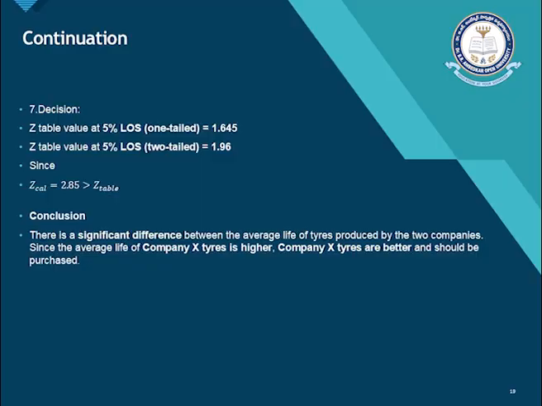So the decision is, the table value at 5% level of significance is 1.96 for a two-tail test. If you take it as a one-tail test, the table value is 1.645. Whatever it is, the calculated value of Z, 2.85, is more than the table value at 95% or 98%, 99% of confidence. Therefore, the null hypothesis is rejected.